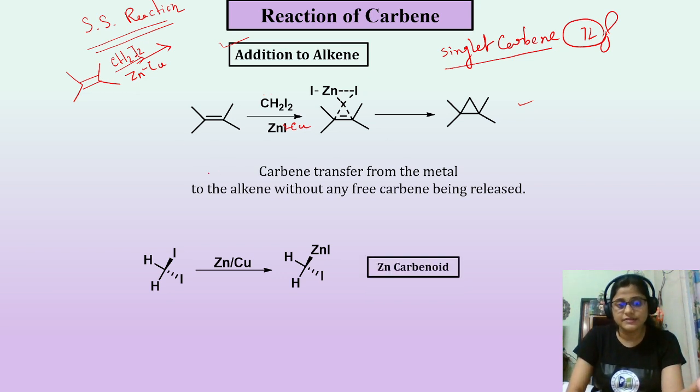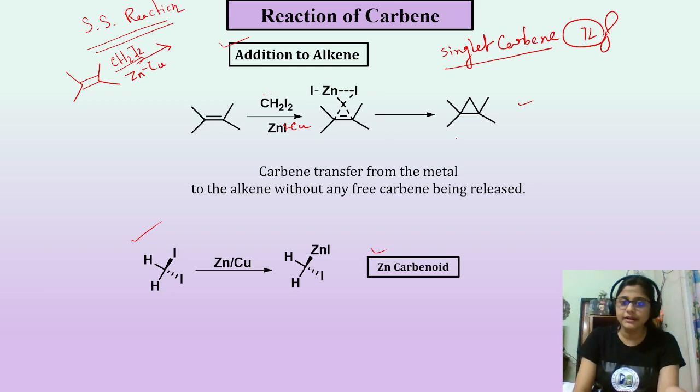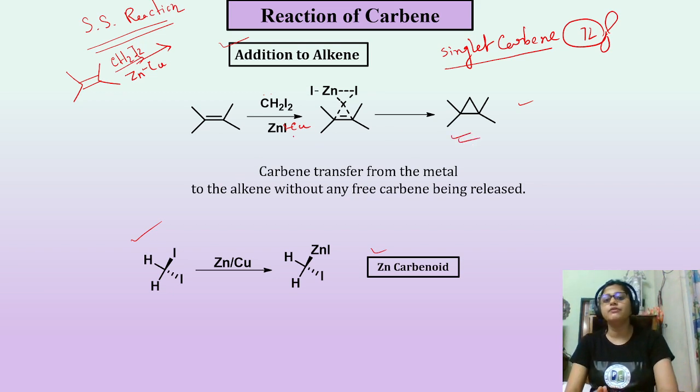This is the thing here. CH2I2 is there, zinc copper, and ZnI, this kind of zinc carbenoid is formed, which attacks the alkene, and cyclopropane is formed. So carbene is transferred from the metal to the alkene without any free carbene being released.